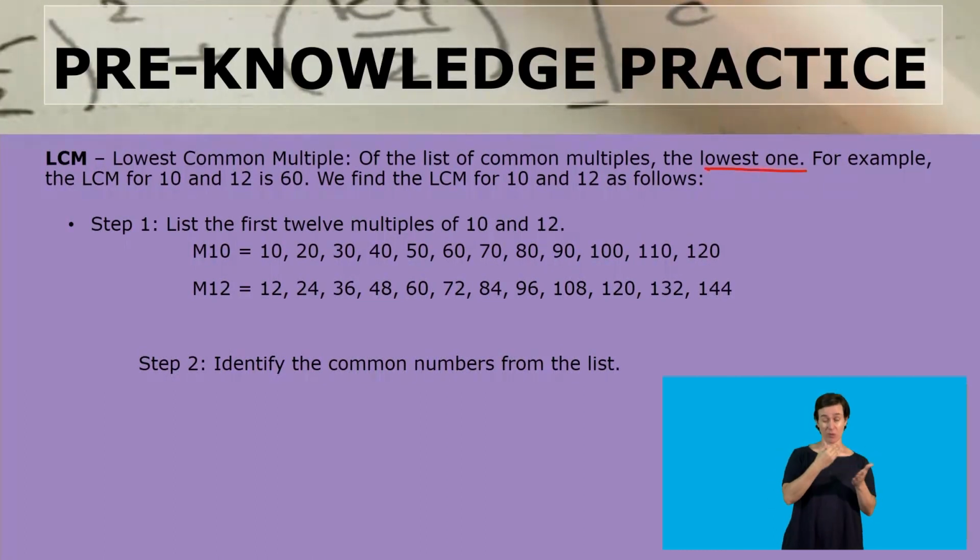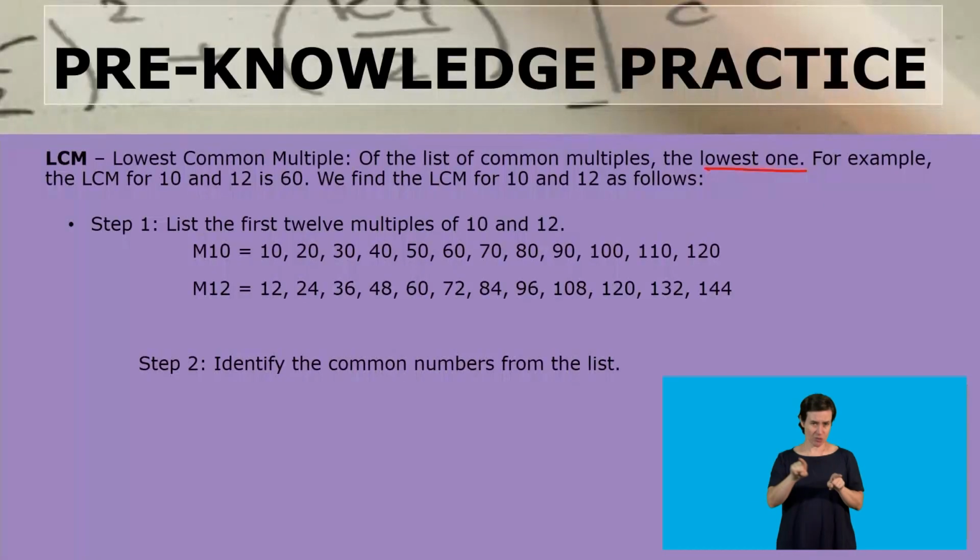Remember, multiples go on to infinity. We are just listing the first 12, hoping that we are going to find a common one within those first 12. So the multiples of 10 are 10, 20, 30, 40, 50, 60, 70, 80, 90, 100, 110, and 120.